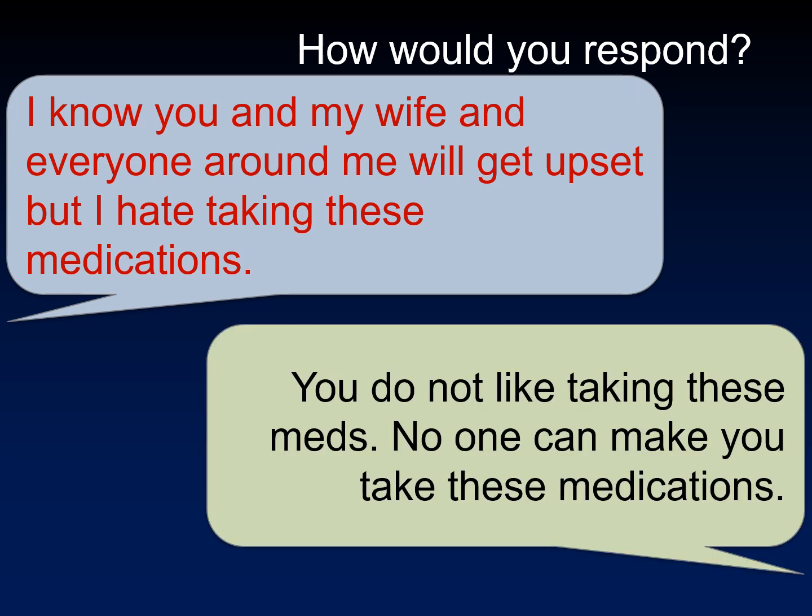So again, this is not the only way to respond, but one example of many. So you could say, you do not like taking these medications. No one can make you take these medications. Again, if you look at the language here, the provider is not saying anything about whether it's a good thing to take these medications or a bad thing to take these medications, right? So they're just reflecting back and they're saying, I'm hearing that you do not like taking these medications.